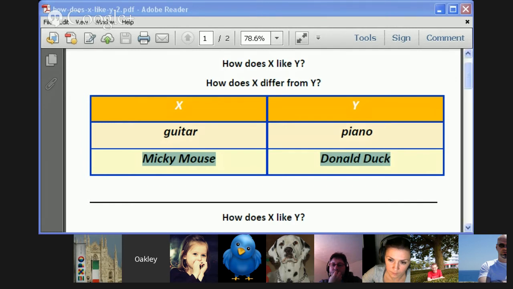Even though they are both Disney characters, they were drawn by different people. You could also use "although they are both Disney characters." I forgot to write that whole part. My bad. Great. Terrific job.